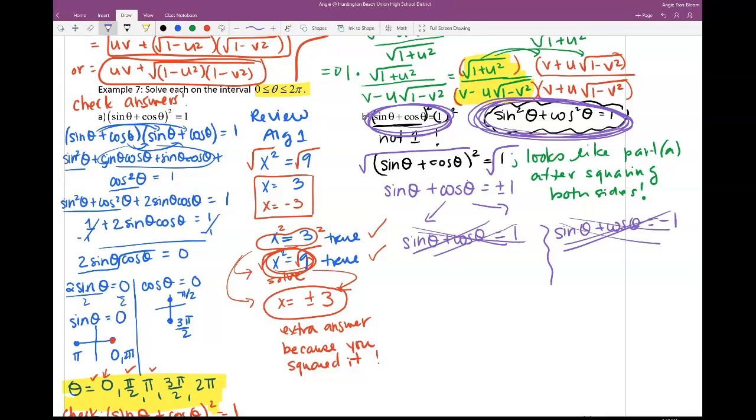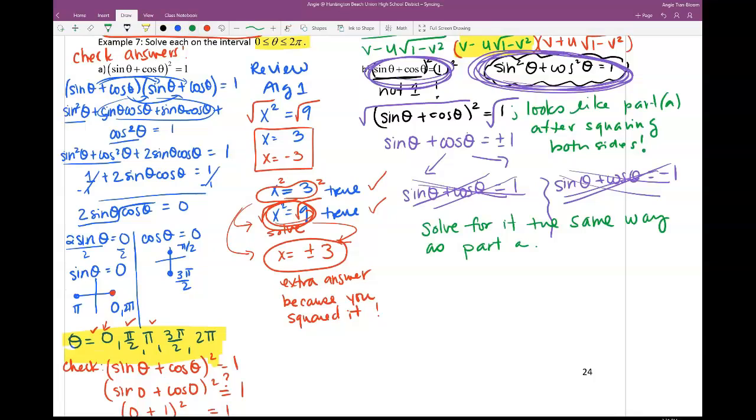Now, let me talk to you about what to do next, okay? So we solve it the same way as part A. When you solve it the same way, you have theta equals 0, pi over 2, pi, 3 pi over 2, and 2 pi.